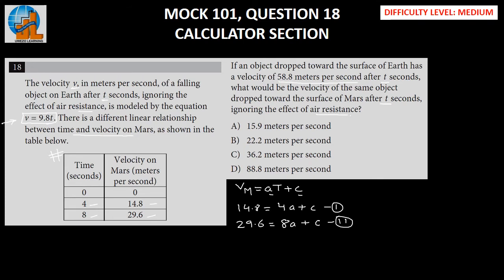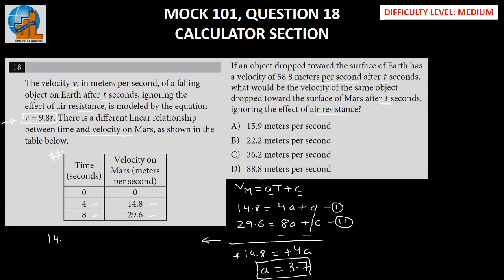Now we need to solve for a and c, so let's subtract these two equations, which will help us eliminate c. We find that 14.8 = 4a, which gives us a as 3.7. Now let's substitute the value of a in the first equation to find the value of c.